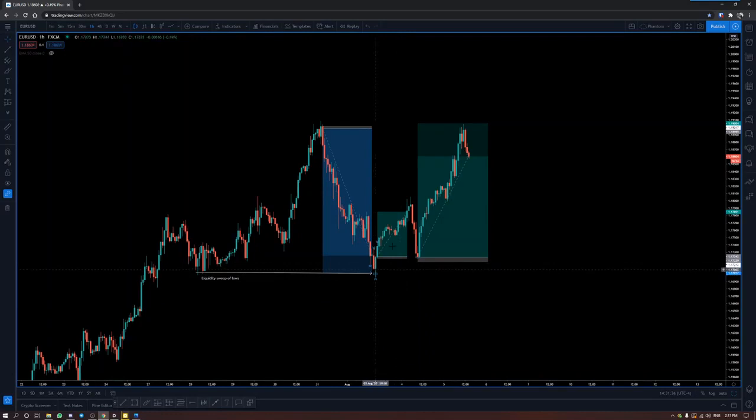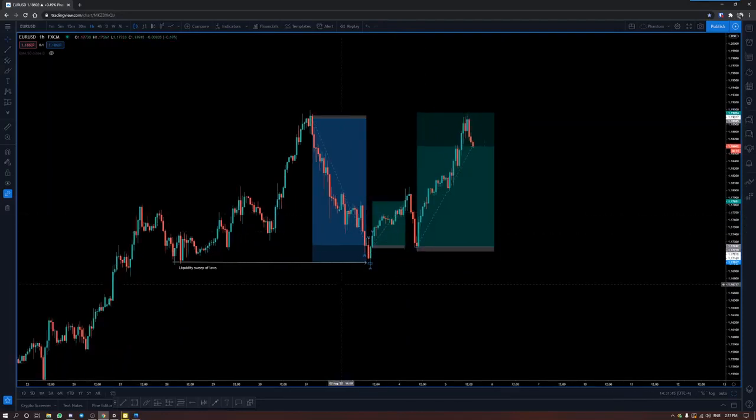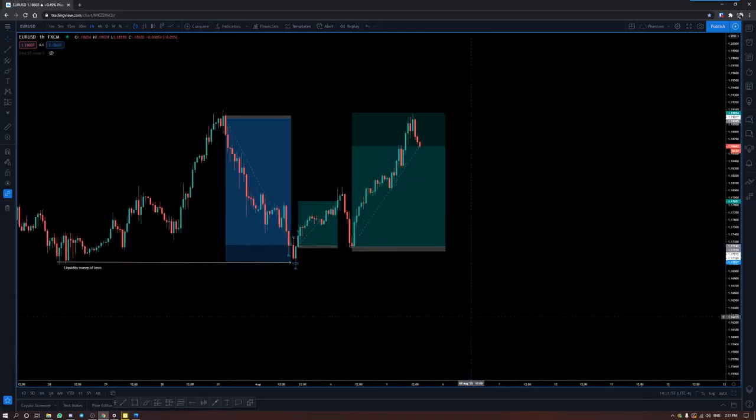If you start to see that, maybe that's an indication that something's changing and that you can take advantage of that. And it just shows the power of understanding market structure, understanding order blocks, understanding how all these pieces fit together and make for some really, really great trades.